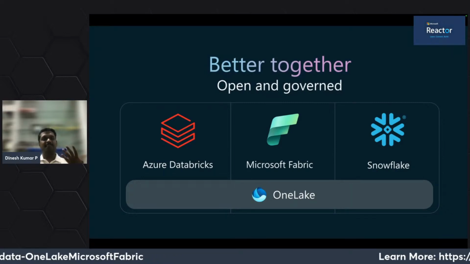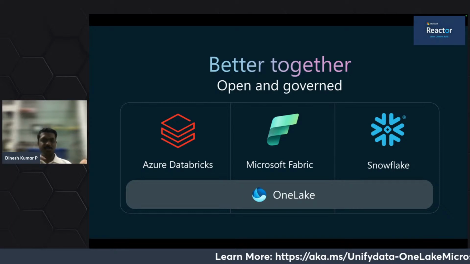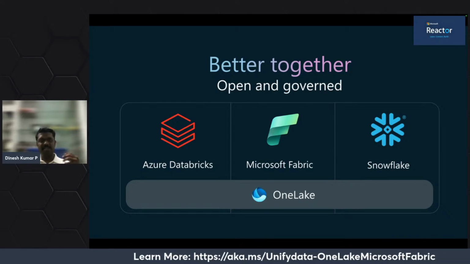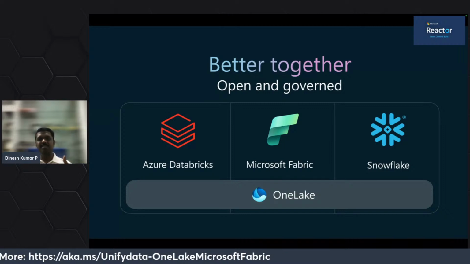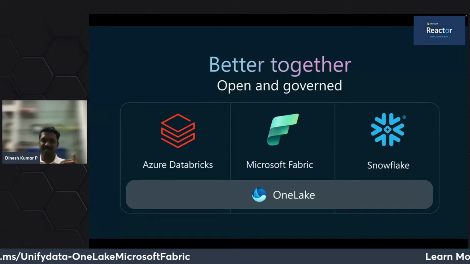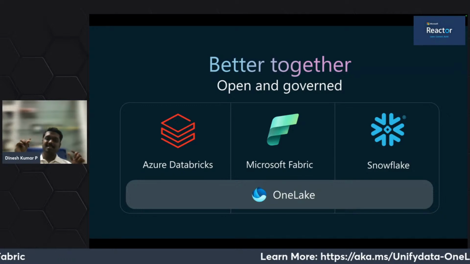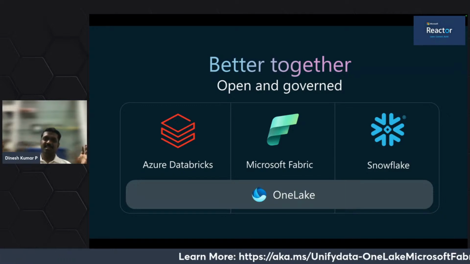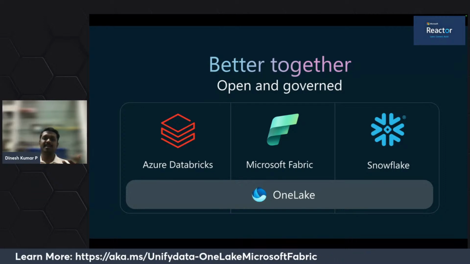As we all see, Databricks is already available in Azure, which you all know. Microsoft Fabric is already there, and Snowflake has been partnered recently. So as a single OneLake, all these software utilities are being made better together so that they can be governed better.